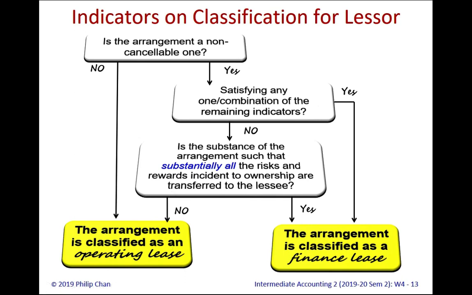What that means is you can get more marks from classifying the lease as an operating lease if the first indicator can be satisfied, because you may have to go through all the indicators and say no to them in order to classify the lease as operating. So it is likely that you can get more marks.